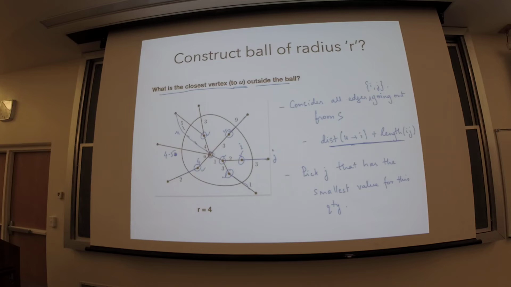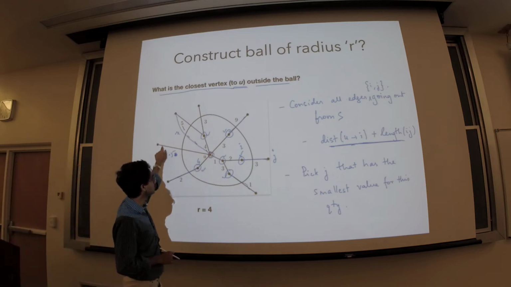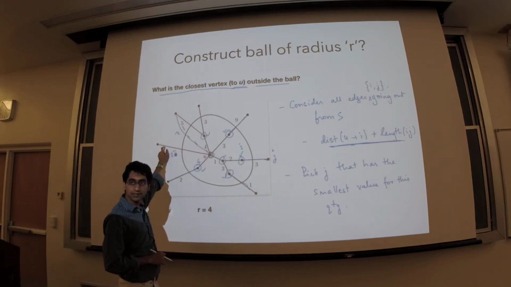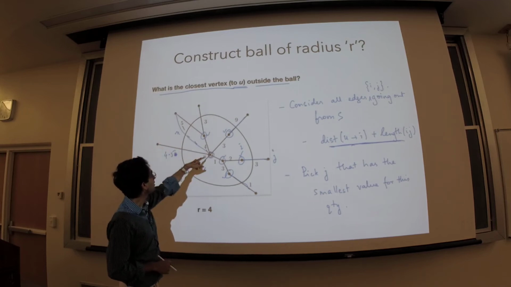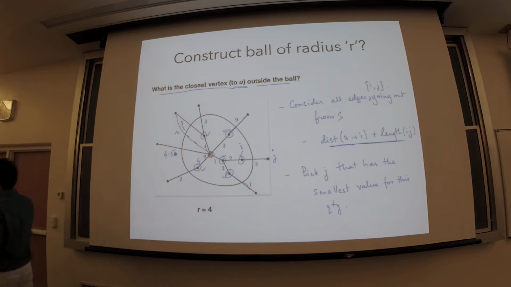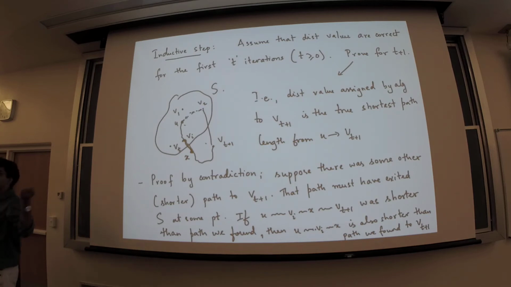Does that make sense? The set S always contains the vertex U, and you look at all the edges going outside S, which means you also consider this edge. So the direct edge is always considered. In the diagram, maybe I drew it as going from U to somebody outside, but it doesn't have to.